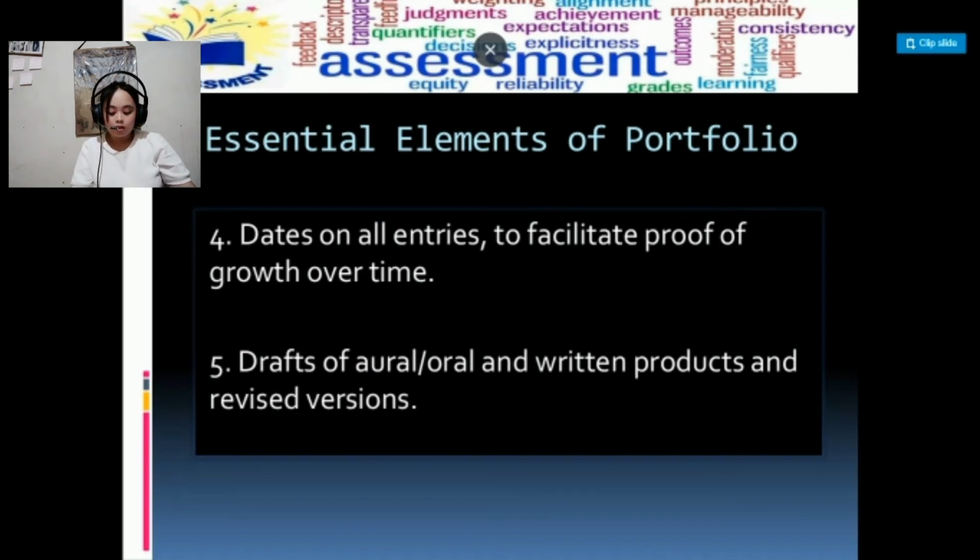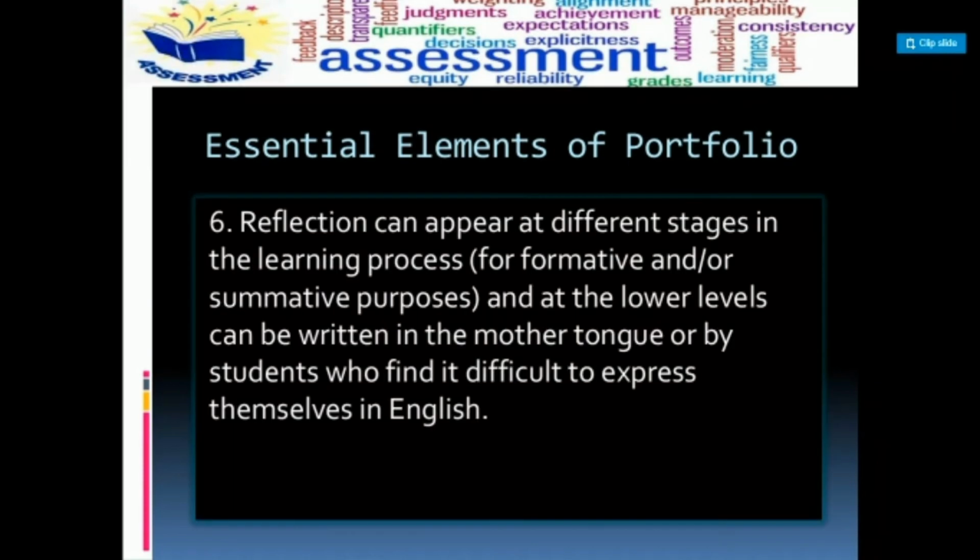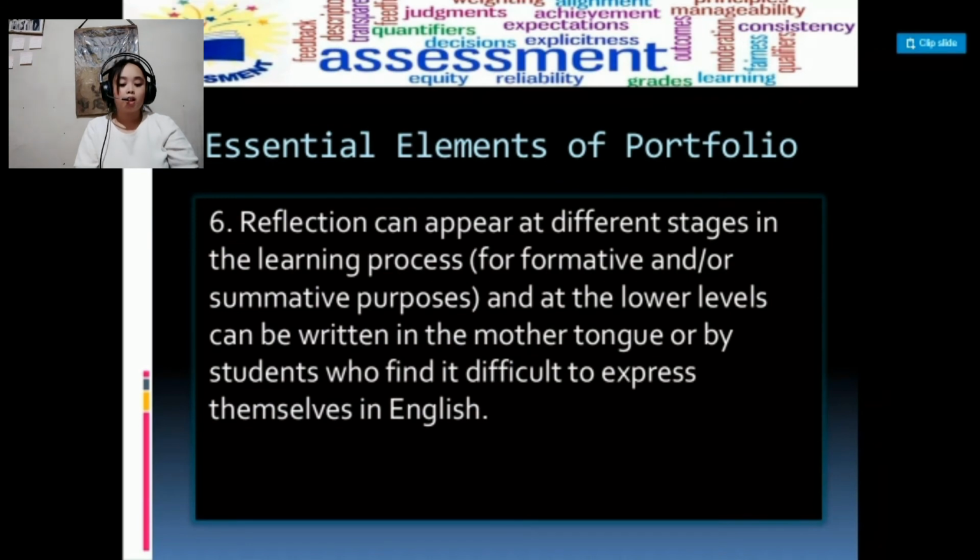This is important to include because it shows how the students take effort and time to document and search information about the subject. Lastly is the reflection, which can appear at different stages in the learning process. This could be for formative or summative purposes. Reflection includes all the ideas or the learning gathered and realization of the students.